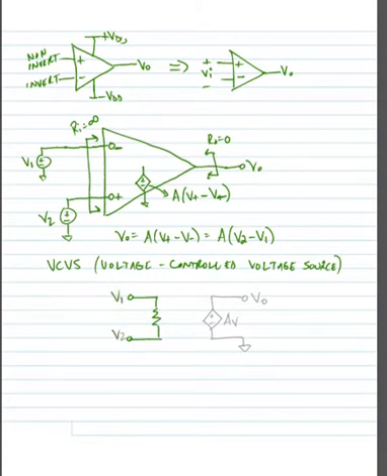We might label one V1 and V2. It has some input resistance, and it has a voltage-controlled gain, AV, that we take our output from. So in simulations, sometimes we can use this for a simple operational amplifier.